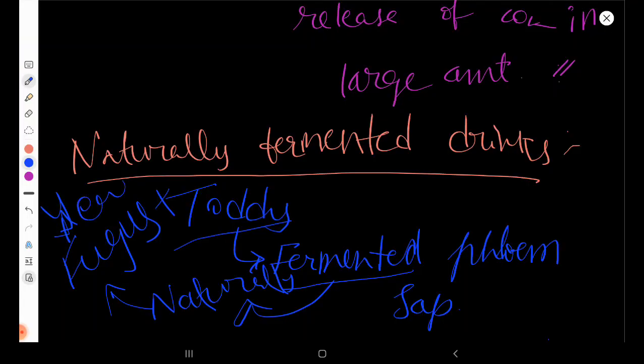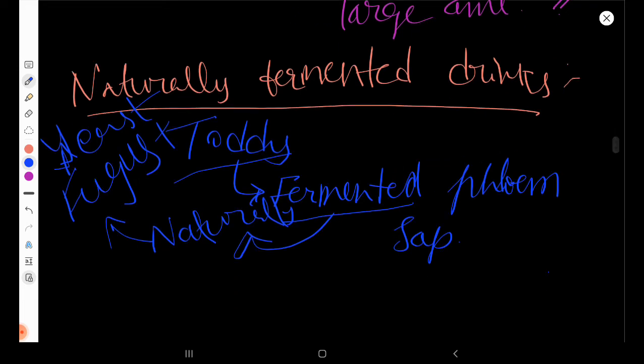Sorry for that interruption. Yes, it is a naturally occurring fermented drink, and it is done by using the association of fungus, yeast, and some bacteria. That is it for the study.